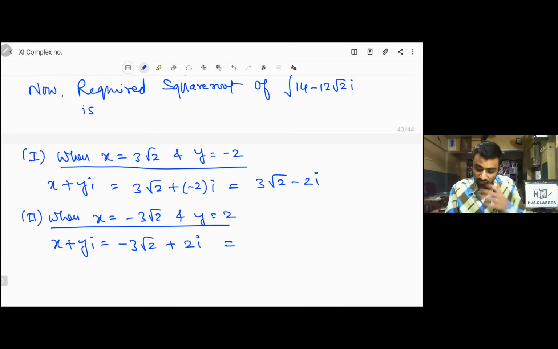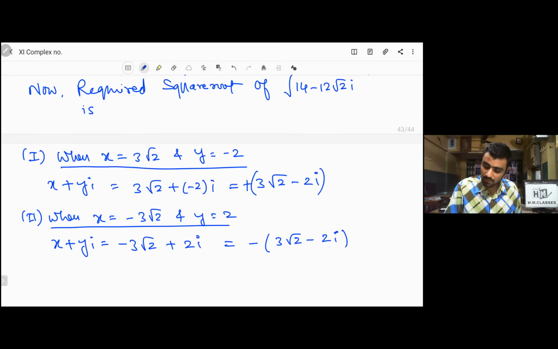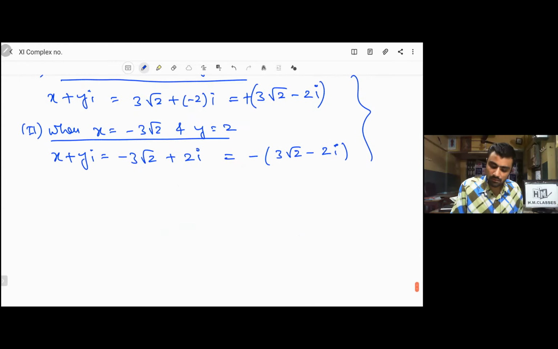That is, if we take minus common, this is going to be 3 root 2 minus 2i. So you can compare: the previous one is in plus and the next one is in minus. So we can combine both these answers.